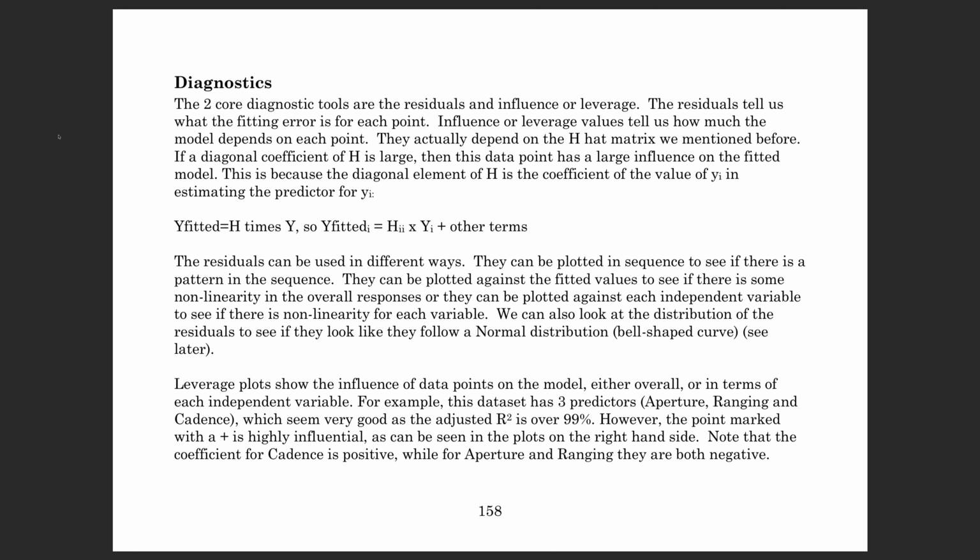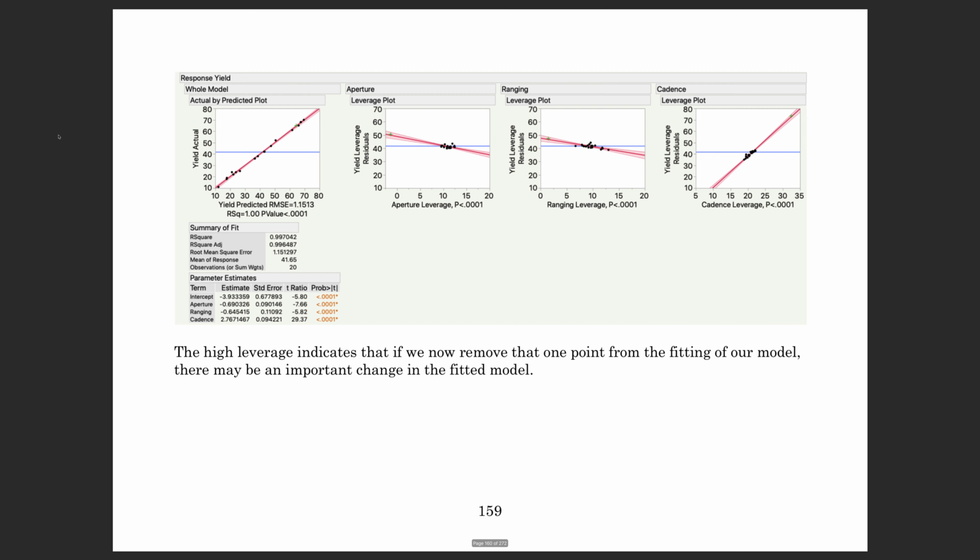However, as we will see, one of the data points is highly influential, and I have marked it with a plus symbol so that you can easily see it in the plots. I want you to notice that the coefficient for cadence is positive, while for aperture and ranging, they are both negative. So let's have a look at our outcome.